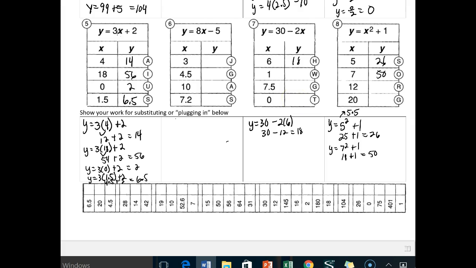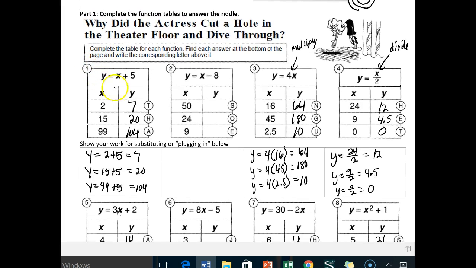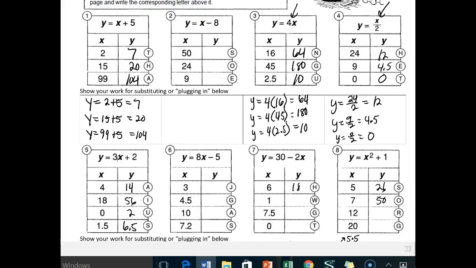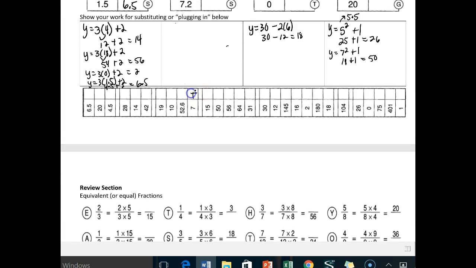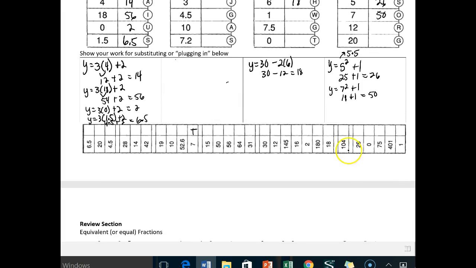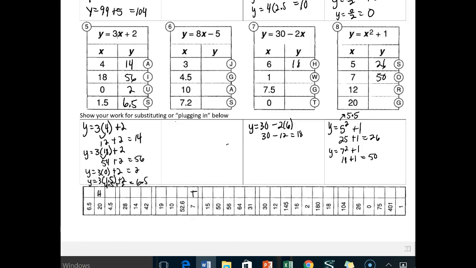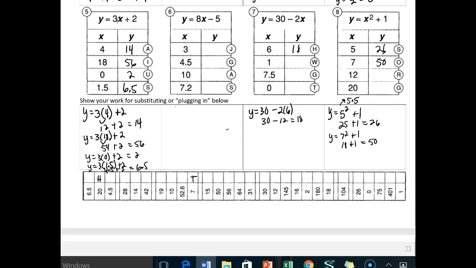Here's how the riddle works if you really want to figure it out. For number 1, you give them the letters T, H, A. So basically you go down here, you find wherever you see 7, you're going to put the T because you had 7 for the T. Wherever you see 20, you're going to put an H. And wherever you see 104, you're going to put A. So this is actually a good way to check your work, because if you're not getting one of these answers at the bottom, then you're wrong, right?